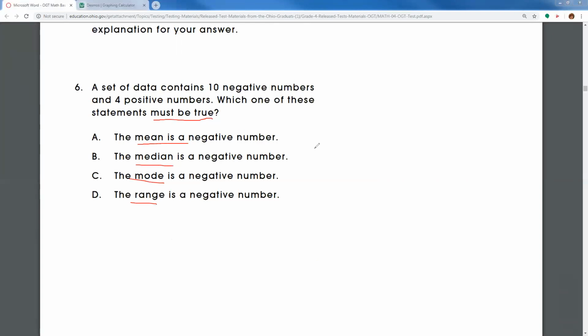If you have 10 negative numbers in a row, even if I changed them, negative 8, negative 7, negative 6, negative 4, negative 3, and so on, 10 of them, and then 4 positive, the middle is somewhere around here.